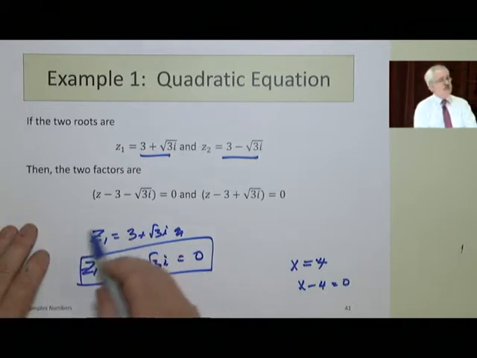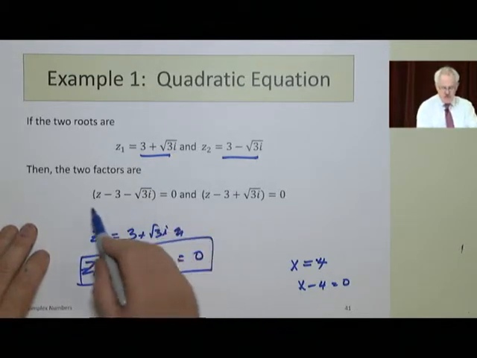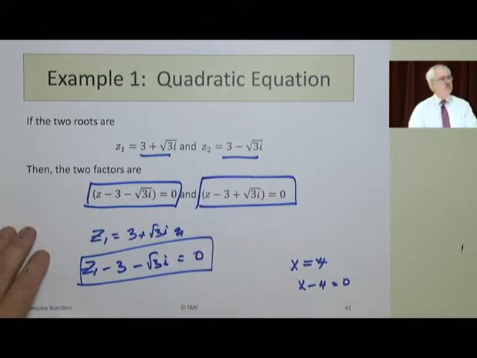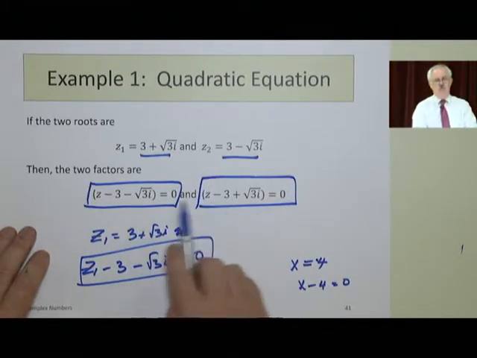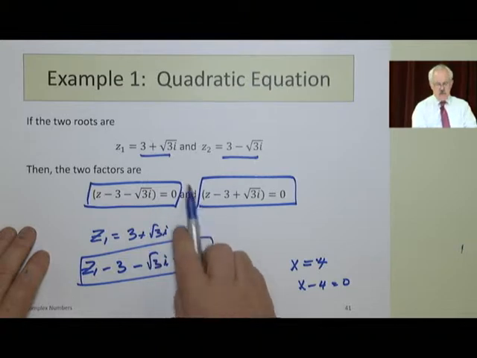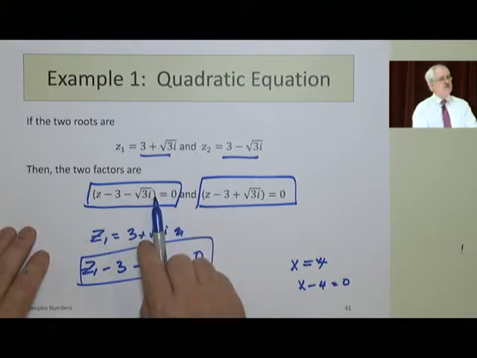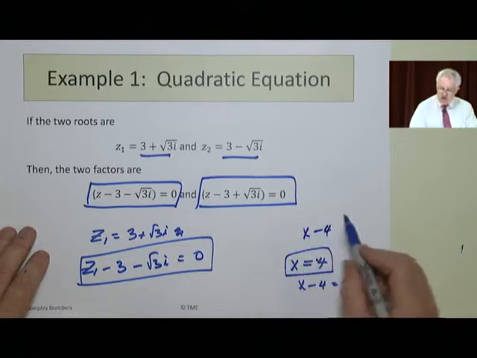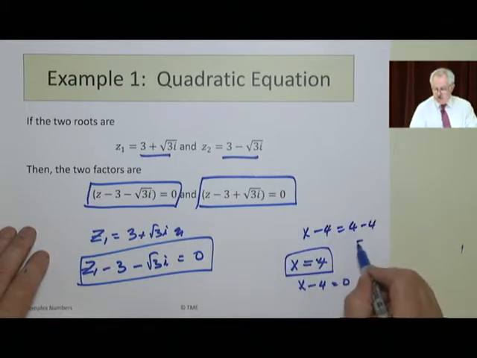We just take it over to the other side. So that must equal 0, and that must equal 0. So they become the factors. So if they're the roots, they're the factors. Just as if x is 4, x minus 4 is 4 minus 4, which is nought.